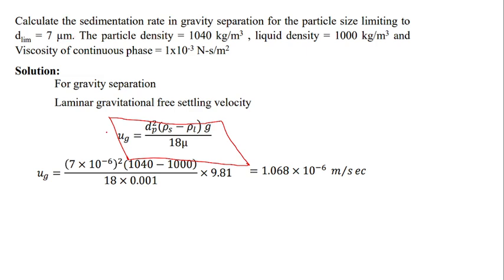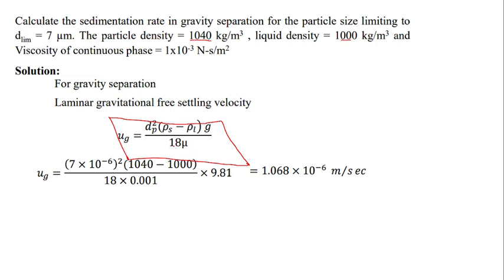You have to convert everything to meter, so micrometer is 10 power minus 6 meter. dp square is 7 into 10 power minus 6 the whole square, and rho s is the solid particle density, mentioned as 1040, minus the liquid density rho L given as 1000, into g value, which is constant 9.81, divided by 18 into mu.